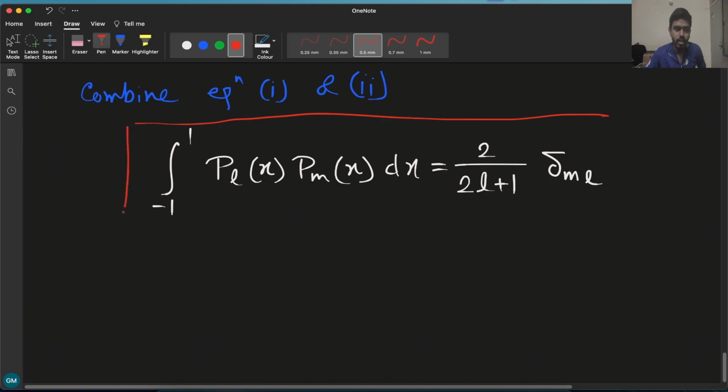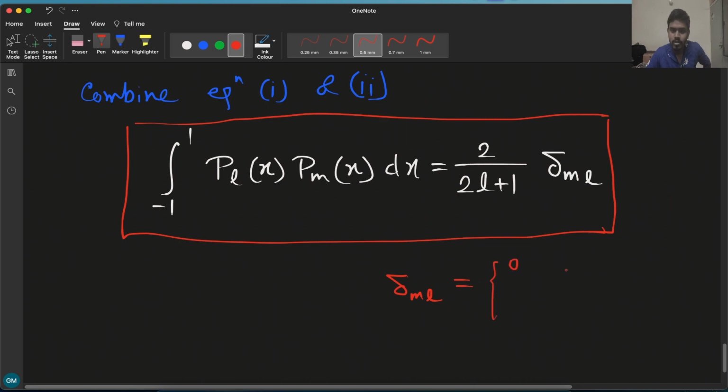It's a very important relation. Let me define this delta ML: delta ML means it's 0 if M is not equal to L, and it's 1 if M equals L.